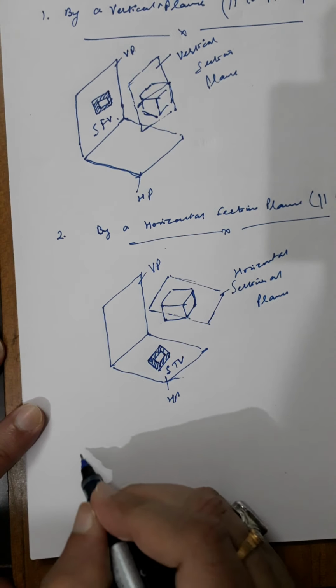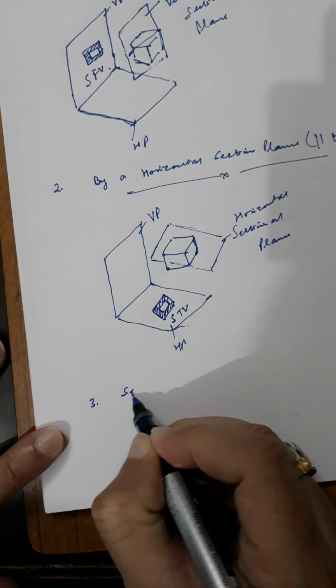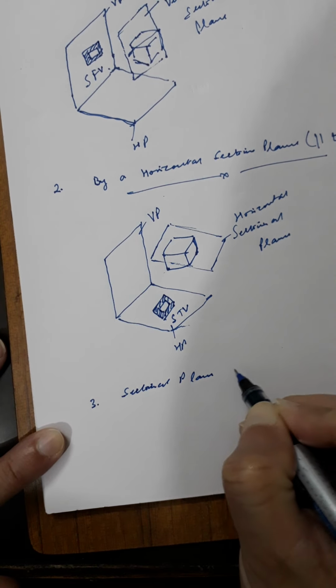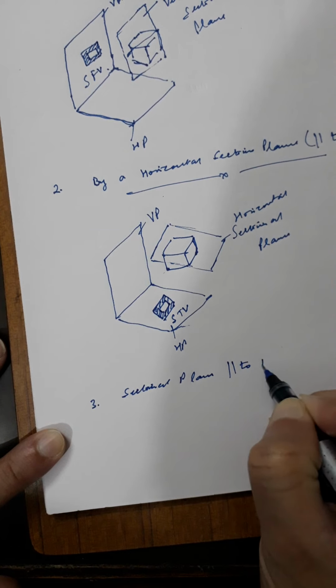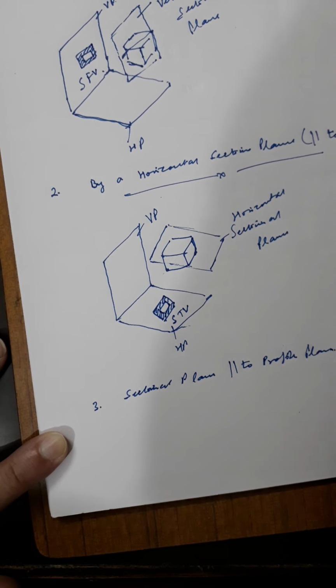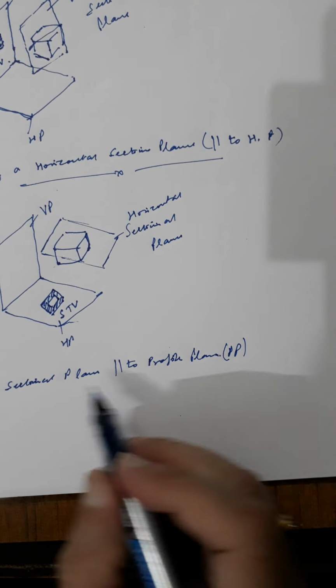The third one is the section plane parallel to the profile plane, that is PP. That we will discuss later.